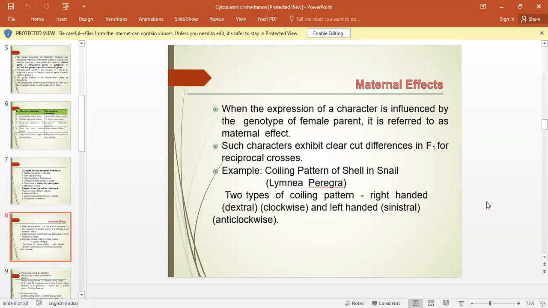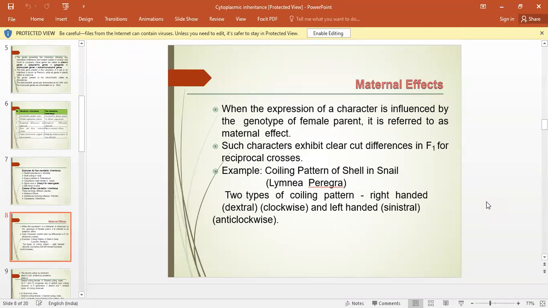Whatever your genotype, your phenotype totally depends upon the genotype of your mother.